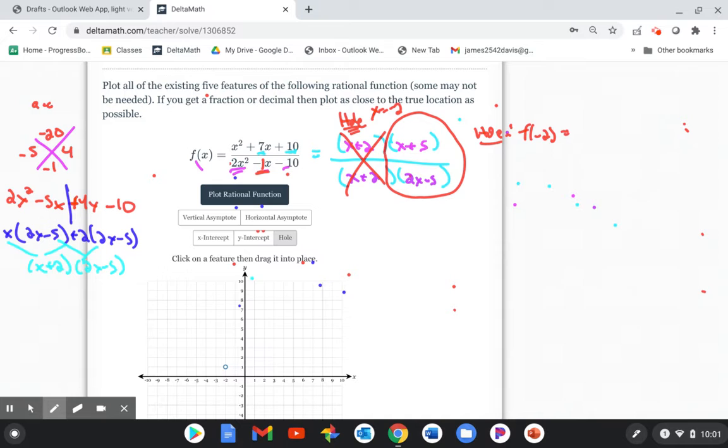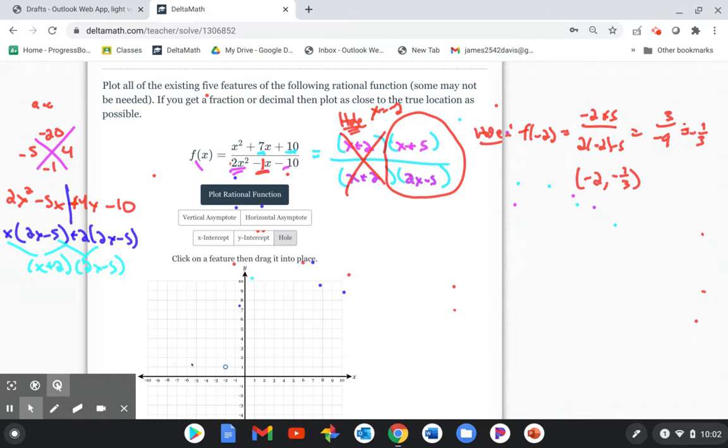That's what we want to plug it into. Otherwise, you're just going to get 0 over 0. So you only want to plug it into what's left over. So then we would have negative 2 plus 5 over 2 times negative 2 minus 5. So we get 3 over negative 9, which is negative 1/3. So our hole is at negative 2 comma negative 1/3.